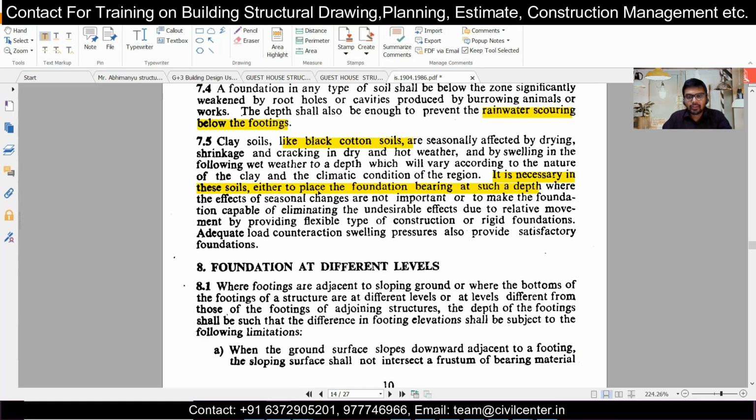It is necessary in these soils to place the foundation bearing at such a depth where the seasonal effects are not important, or to make the foundation capable of eliminating the undesirable effects due to relative movements by providing a flexible type of construction or a rigid foundation. Here it is not directly talking about the pile foundation, but says we can provide the foundation at a depth where these effects are not valid, which indirectly means that we can provide the pile foundation, or else we can provide the shallow foundation also.